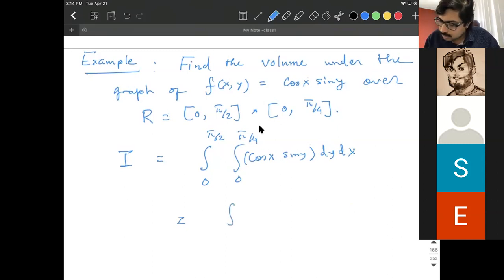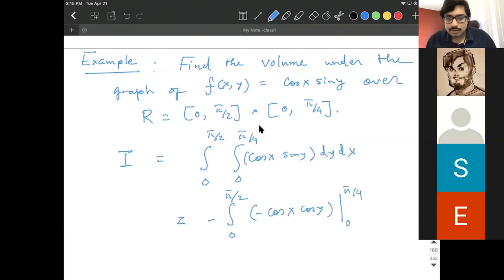So this is my minus, 0 to pi over 2, minus cosine x cosine y. Now you evaluate at the endpoints 0 to pi over 4, dx.